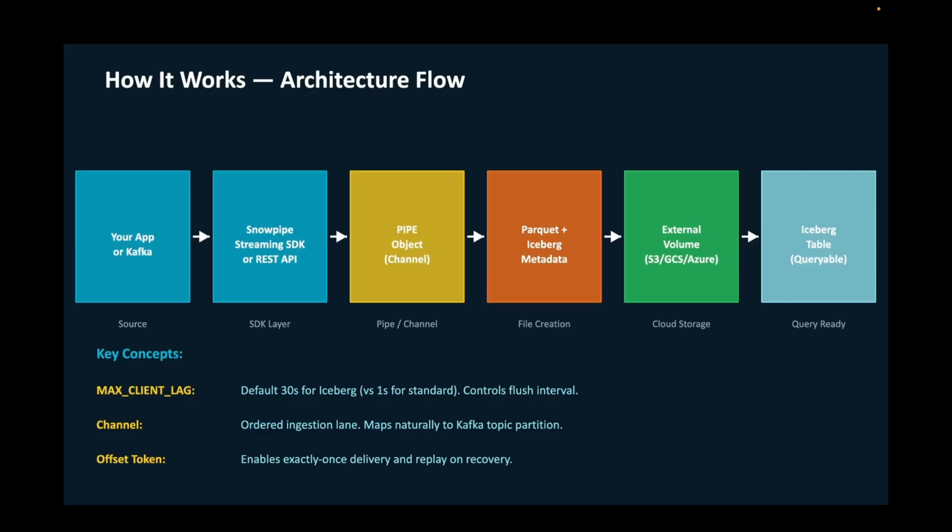But what happens between the SDK layer and the final queryable table? You will have a pipe object created, and there are channels created to parallelize, and then you would also see a Parquet plus Iceberg metadata file created during the transmission, and you would need an external volume because it has to know which cloud storage it has to write the data to.